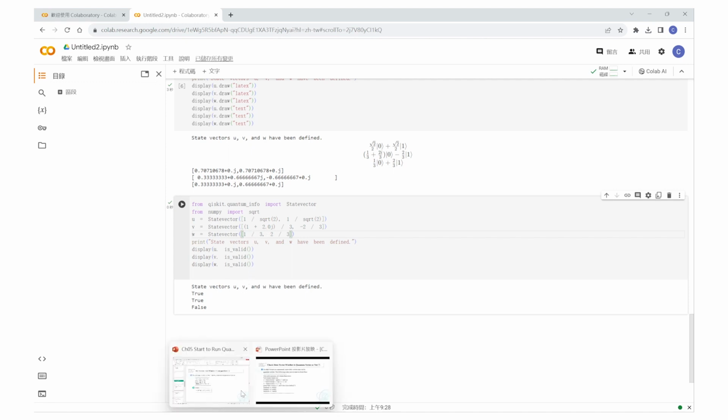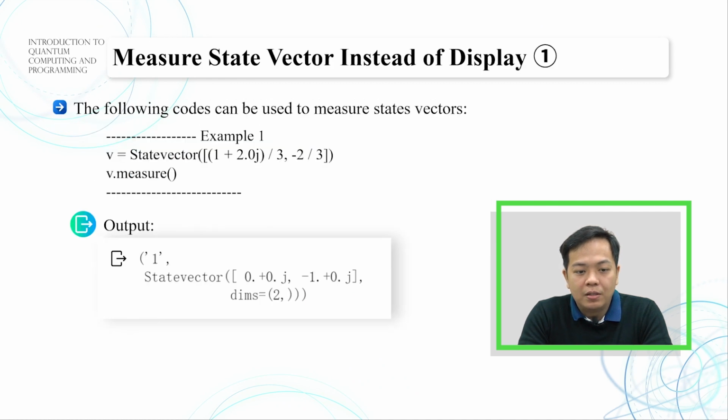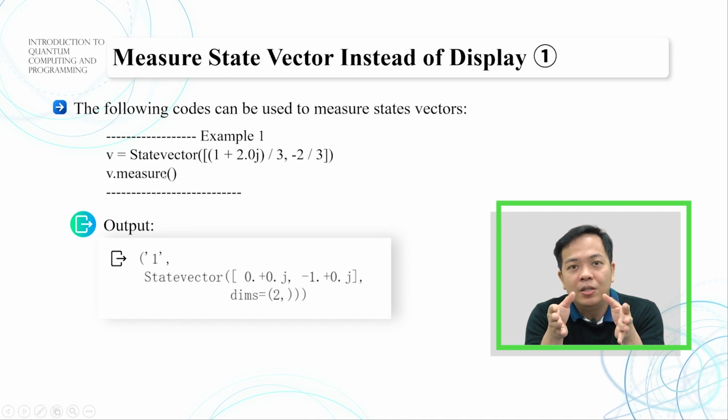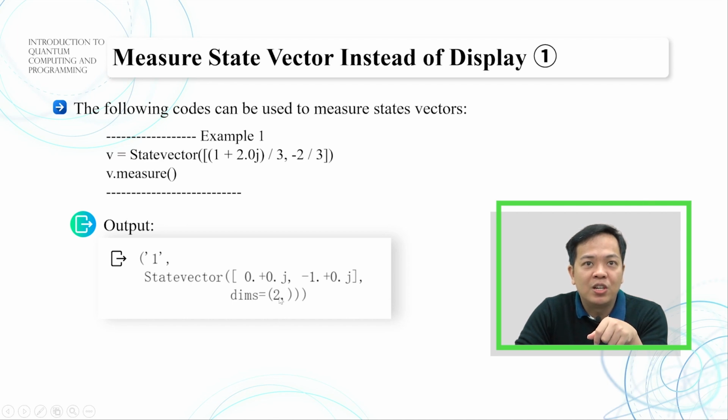The next part we will show is how you can measure a state vector without needing to display the text value. This kind of code can help you run a measurement. The most important thing over here is that you use the variable name plus the measure function. After you run that code, it will show the state vector, the dimension, and the value for the state vector.